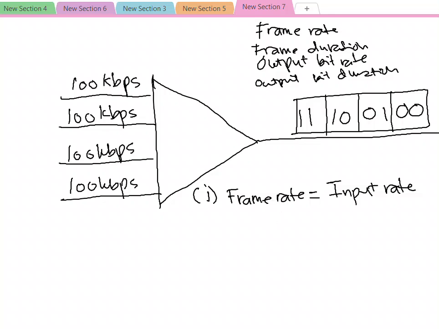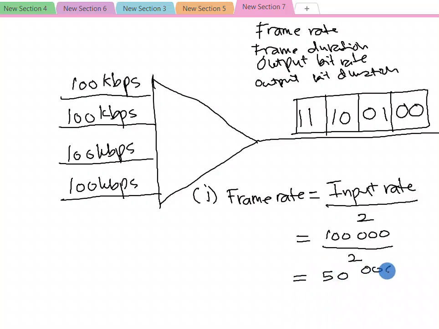Tapi bila satu station contribute lebih daripada 1 bit, contohnya 2, you have to divide by 2. Frame rate sama dengan input rate divide by 2. So kalau sini 100 kbps, you have to divide by 2. So frame rate akan jadi 50,000 frame per second. You kena tukar dia punya unit.